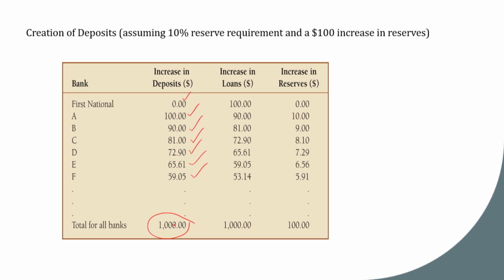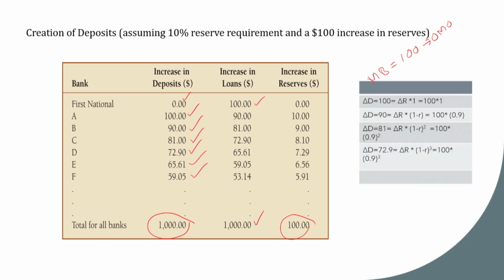The monetary base increase in the beginning was 100 through an open market operation, but the total increase in deposits is 1000. So the increase in loans is 1000 and the increase in reserve is 100.